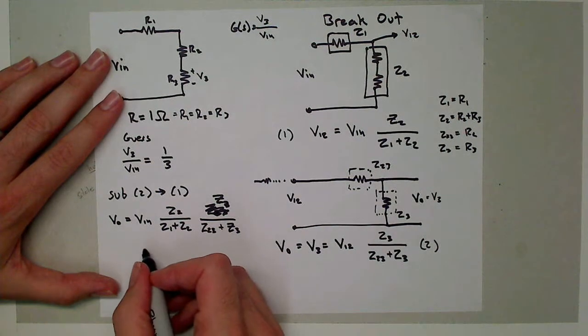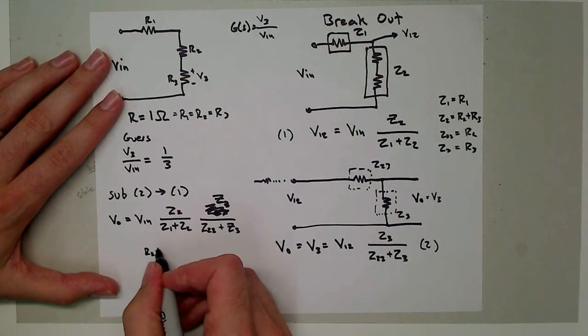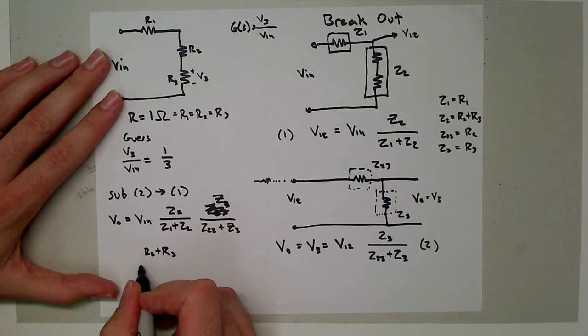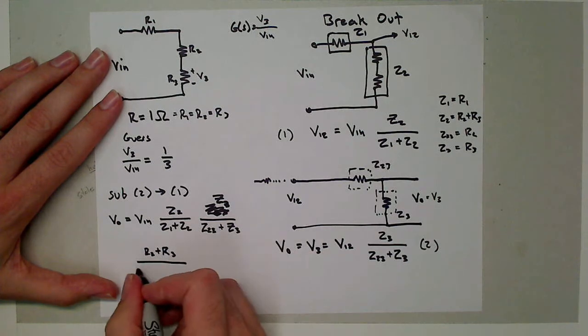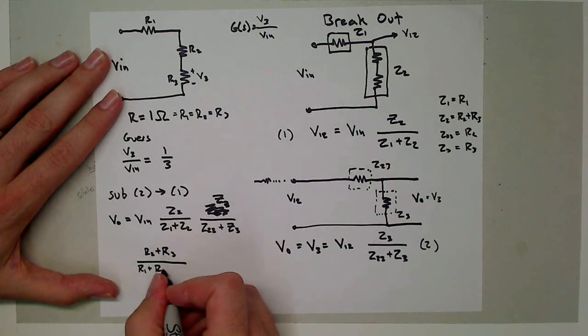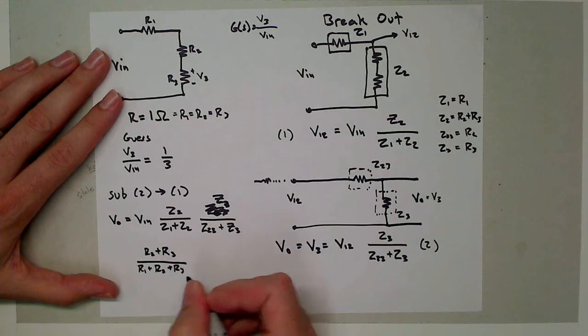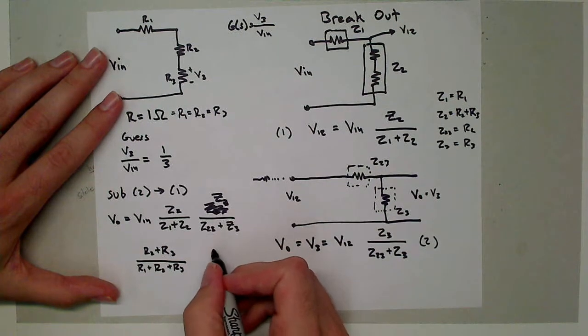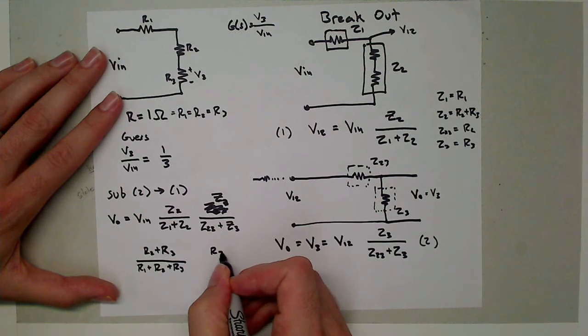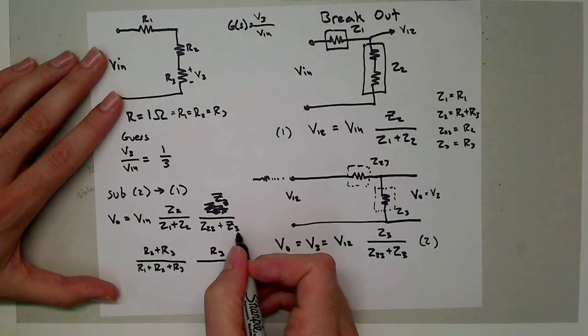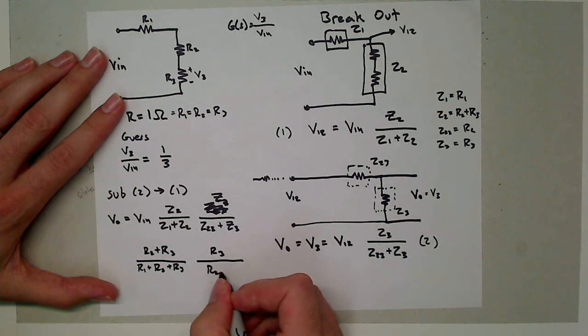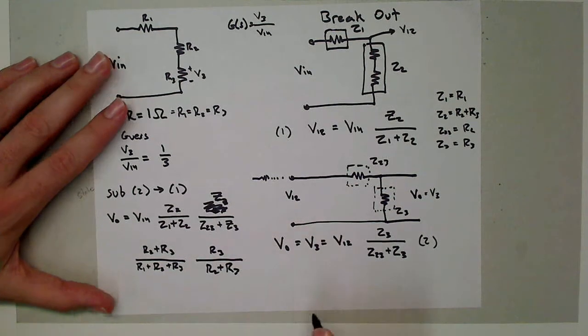So Z2 is R2 plus R3. Z1 plus Z2 is R1 plus R2 plus R3. Z3 is equal to R3. And Z23 plus Z3 is R2 plus R3.